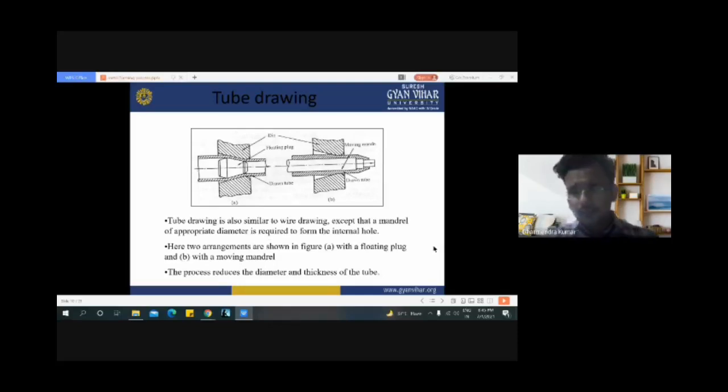In the wire drawing process, we use a die with the diameter as per our required diameter of the wire. But in the tube drawing process, we use a hollow die for producing the internal hole in the pipes. Here are the two arrangements you see in the slide: one is the floating plug, and the second is the moving mandrel. This process is also used for reducing the diameter and thickness of the tube.